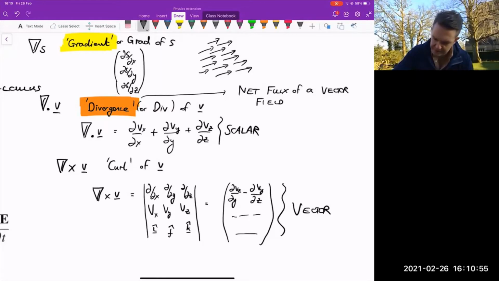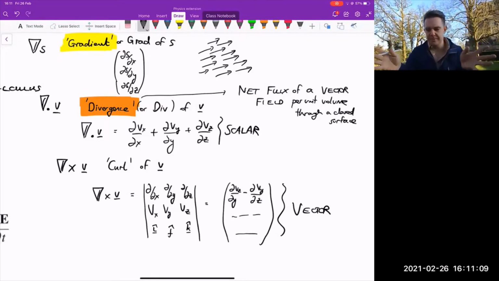It's actually per unit volume through a closed surface. We'll come back to that. It's basically to do with the flow of the arrows. So for instance, if I drew an orange box in this set of arrows, there are as many arrows coming into this as going out. So if it's uniform, the divergence of this field will be zero because there are as many arrows going in as coming out.